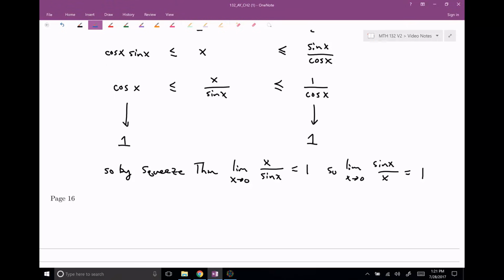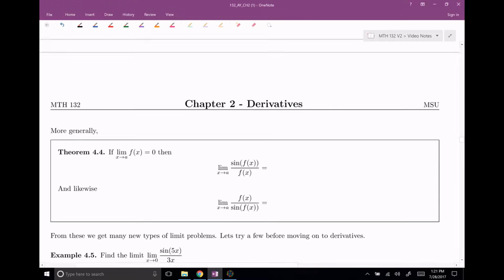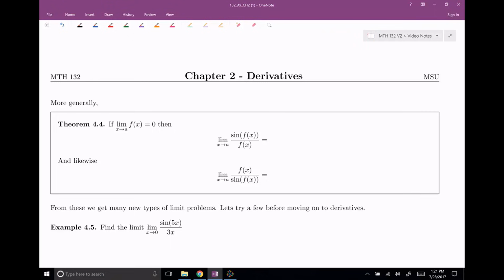All right, so this will lead to a whole bunch of limit questions that are interesting in their own right. I would like to upgrade this theorem a little bit to what if you don't have just regular old x inside, but you have some other function, f of x.